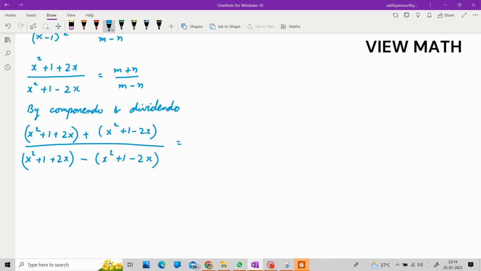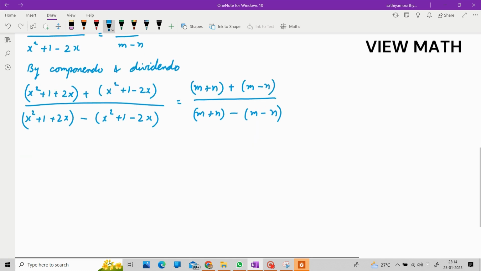This is equal to m plus n plus m minus n divided by m plus n minus m minus n. So I have applied componendo and dividendo property on both sides.